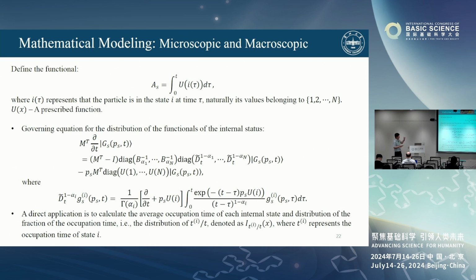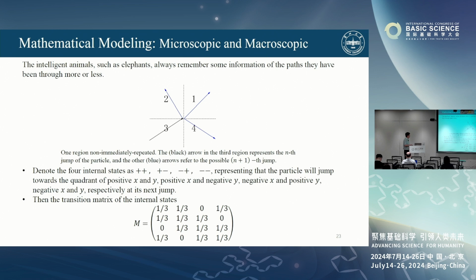Then the time is still a random variable. The way to quantitatively analyze it is to get its distribution. How to get its distribution? We derive the PDEs that govern the distribution of the random variable or the statistical observables.